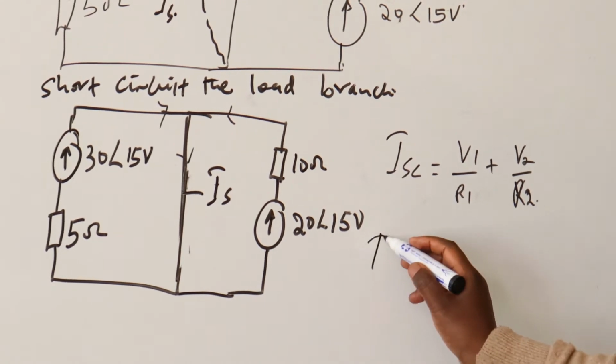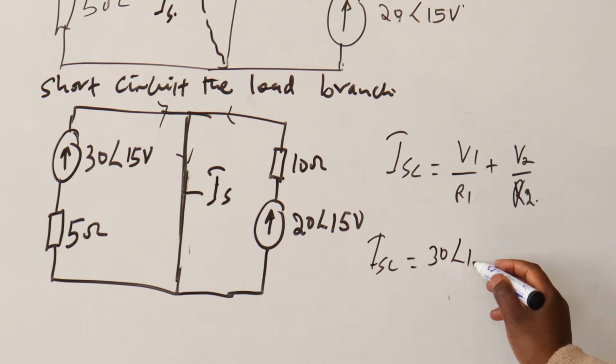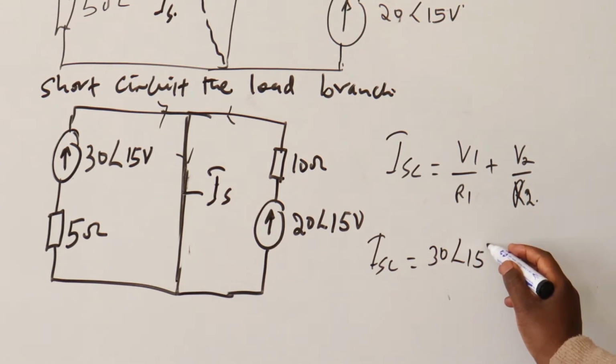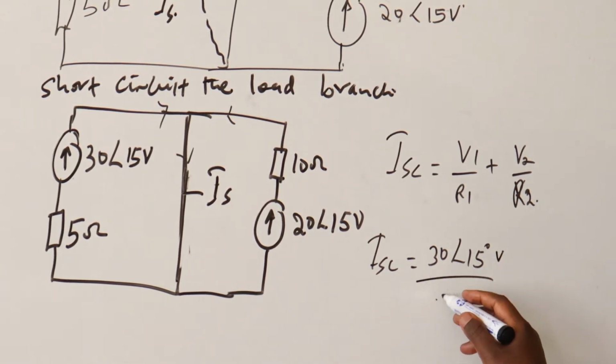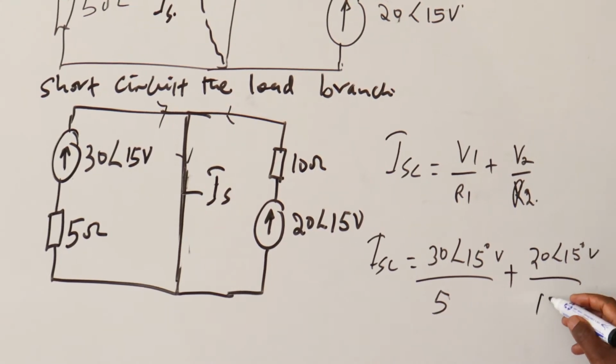We shall have I_SC equals 30 angle 15 degrees volts over R1, which is 5, plus 20 angle 15 degrees volts over R2, which is 10.